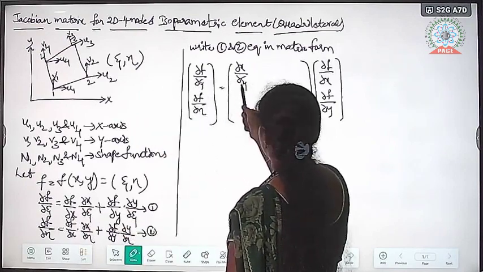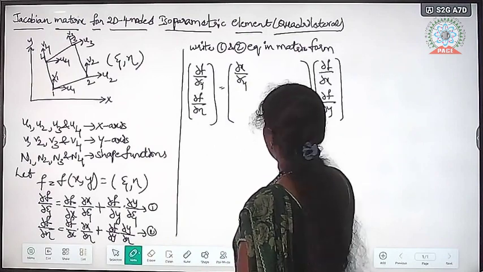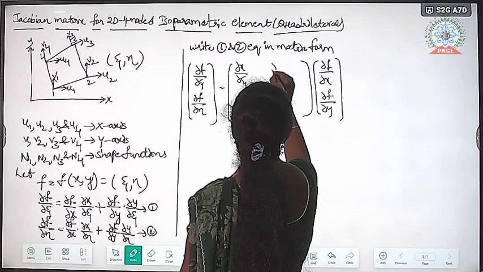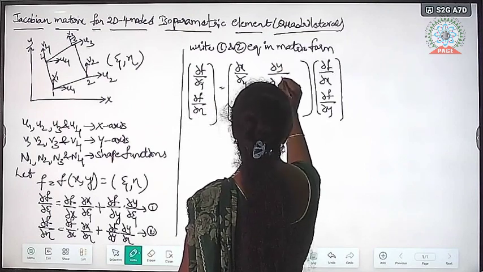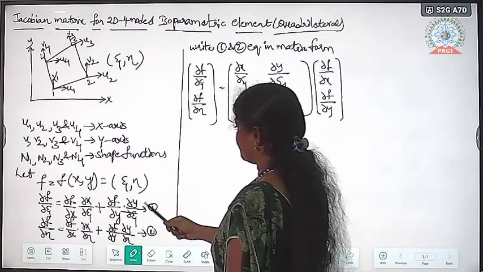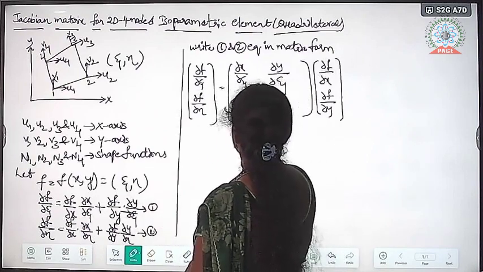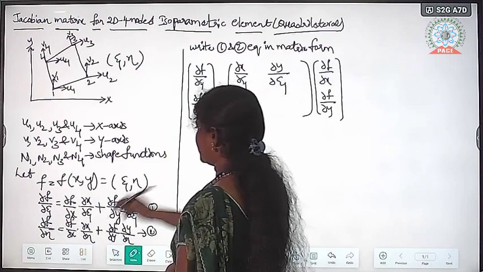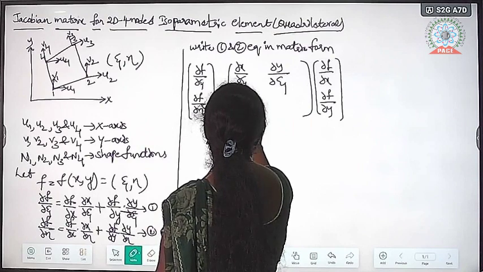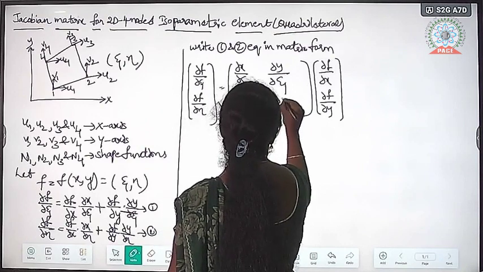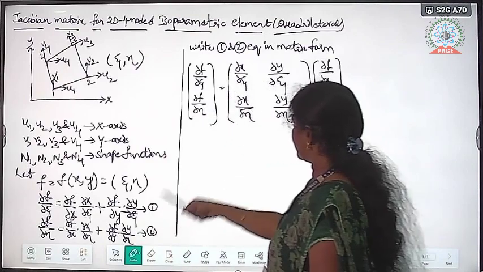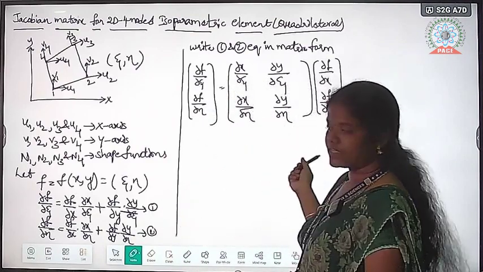Next, similarly for dou f by dou y, the related term is dou y by dou xi. By writing this in matrix form, we get the same equation. Similarly, here also for eta, dou x by dou eta and dou y by dou eta. So these are the two equations we have to write in matrix form.